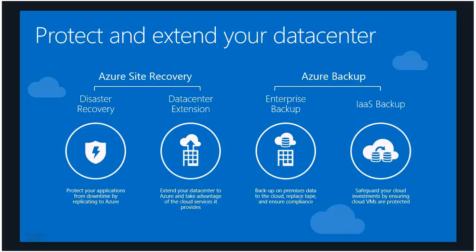So perhaps we are looking at that hybrid model to extend stuff up into Azure and then leverage some of those other services. We can use the ASR solution to replicate the systems over and then fail them over into Azure, in a lift and shift type of model.